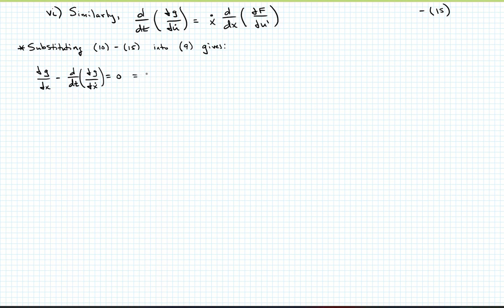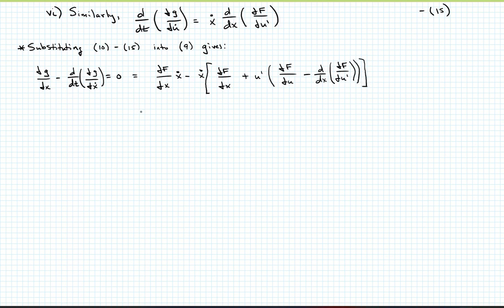If we make our substitutions, we find that that now equals partial of f with respect to x times x dot minus x dot times the quantity partial of f with respect to x plus u prime times partial of f with respect to u minus d by dx partial of f with respect to u prime. Close our bracket there. So that's the first equation. Let's do some simplification.